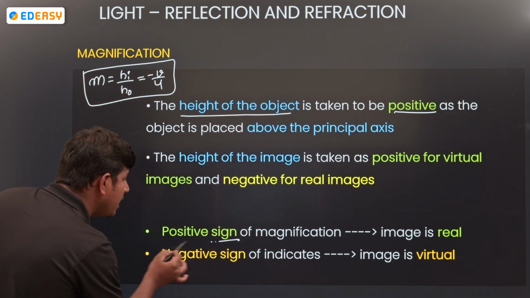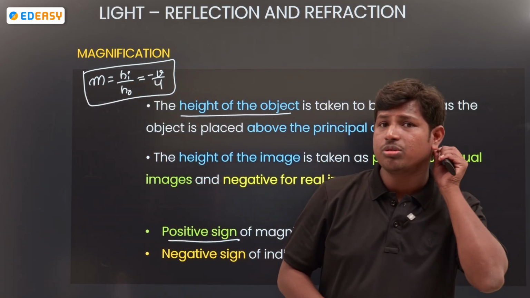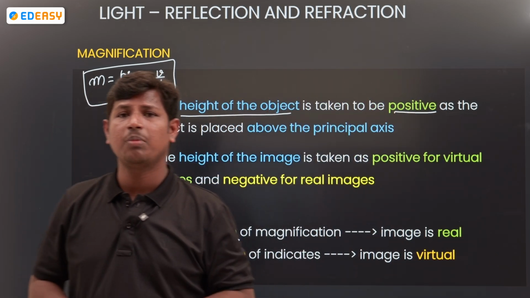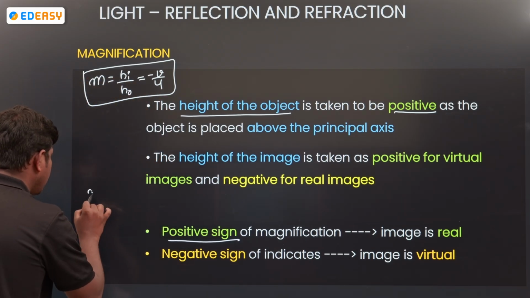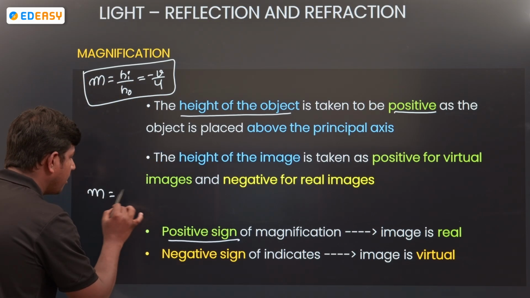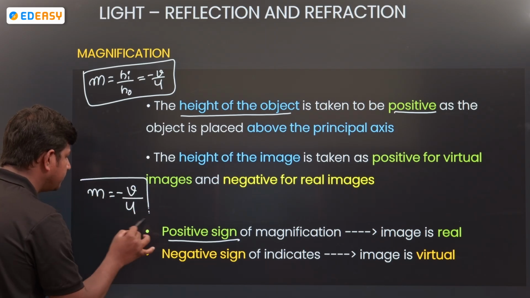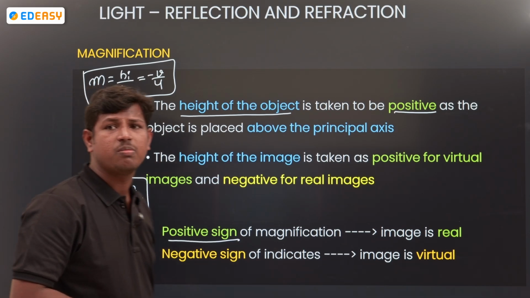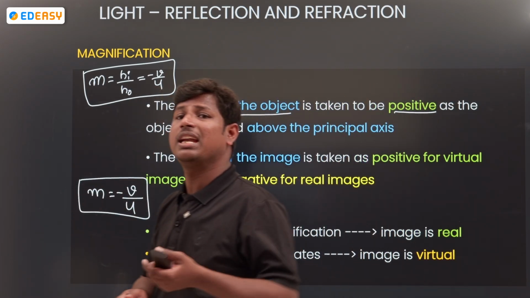Next, when will you get a positive sign in magnification? The magnification m is equal to what is the formula? Minus image distance by object distance. When will you get a positive sign, and when a negative sign?